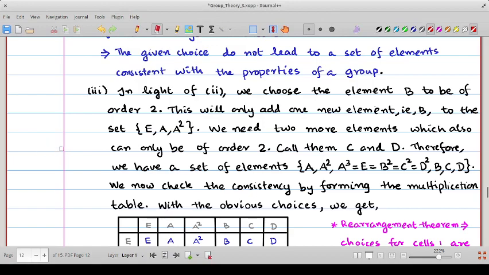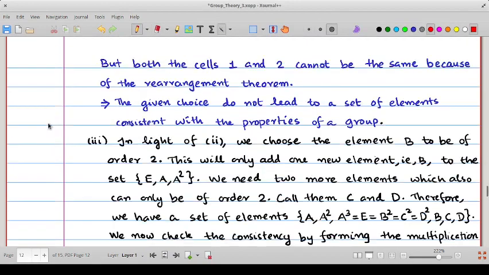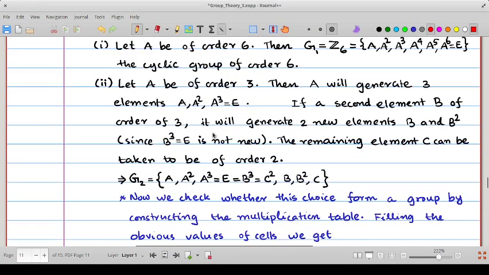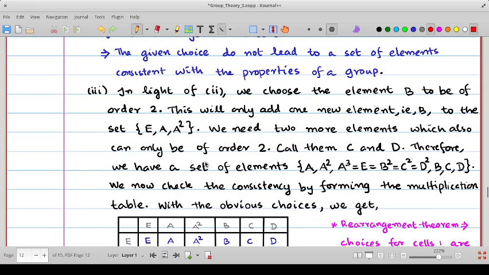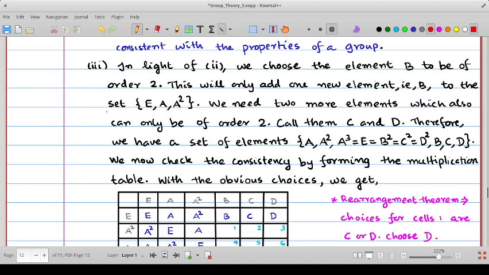Sorry about what I said earlier. What we have just shown here is that the second element B cannot be of order 3. It is not that no element can be of order 3. Obviously, A can be of order 3. So A is of order 3.